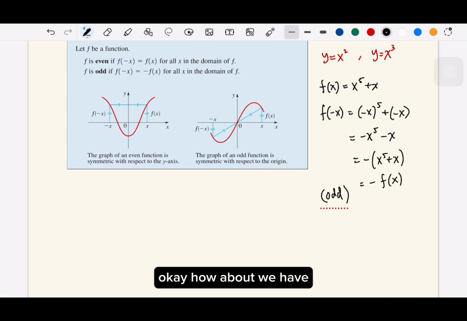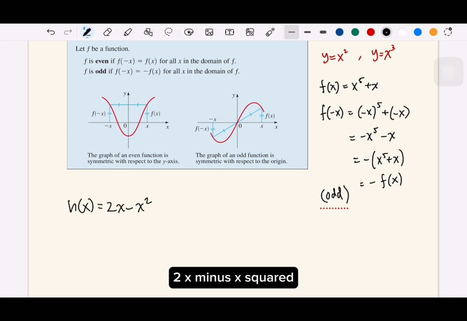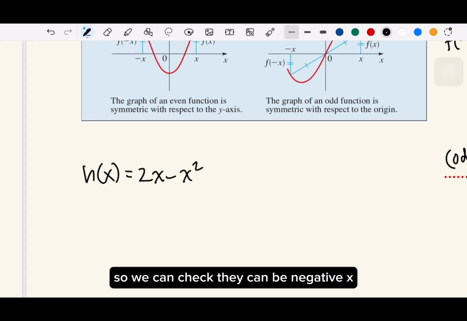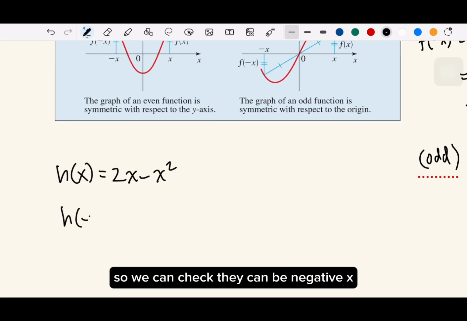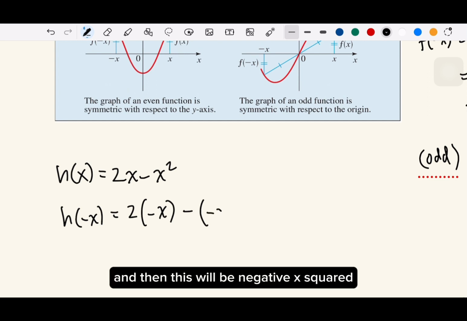How about if we have 2x minus x squared? So we can check by taking the negative x. And then this will be negative x squared.